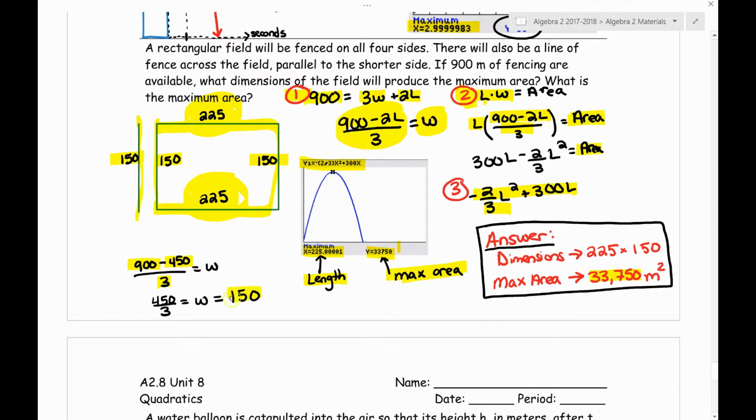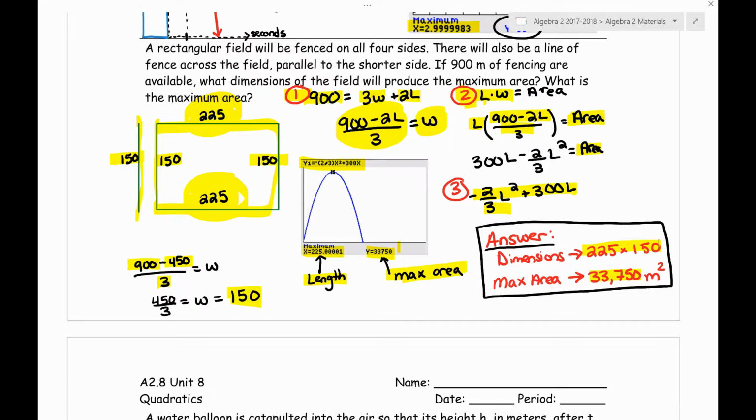And you're going to get a width of about 150. You can double check. Put 150 in for all 3 widths, 225 in for the 2 lengths, add them up, you get 900. Okay, so the dimensions of this field are going to be 225 meters by 150 meters, and we know the maximum area is going to be about 33,750 meters squared.